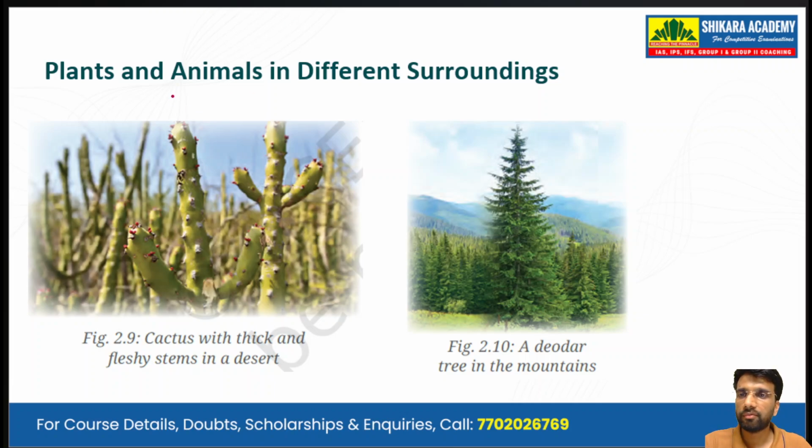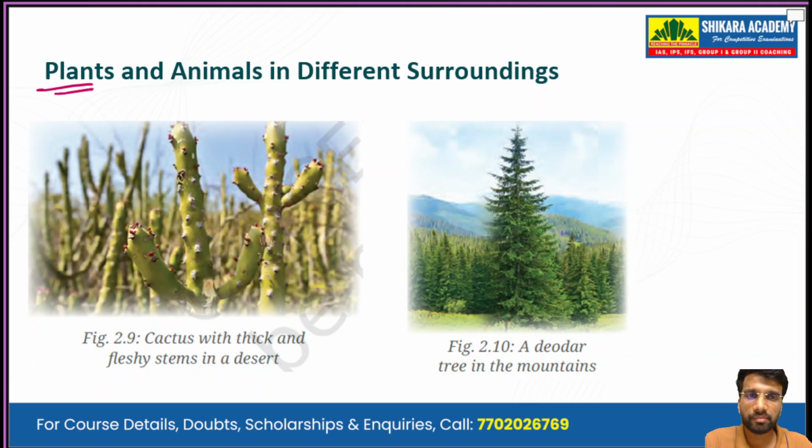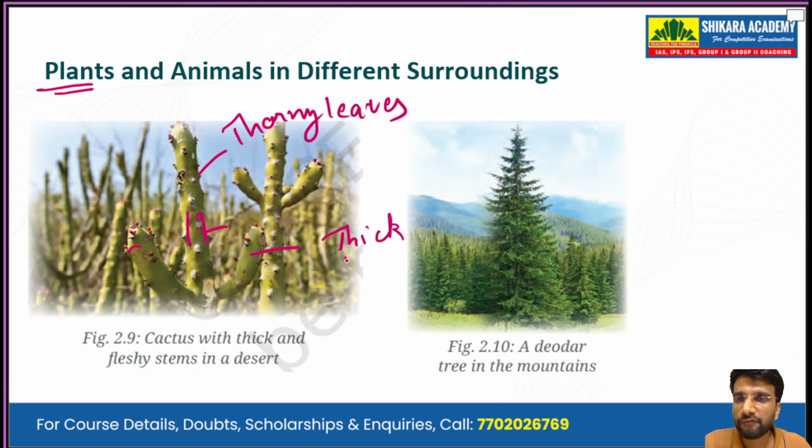After animals, we come to plants in different surroundings. Cactus are found in deserts of Rajasthan or in any hot desert area. So they have thick and fleshy stems. They have thorny leaves and thick fleshy stems.